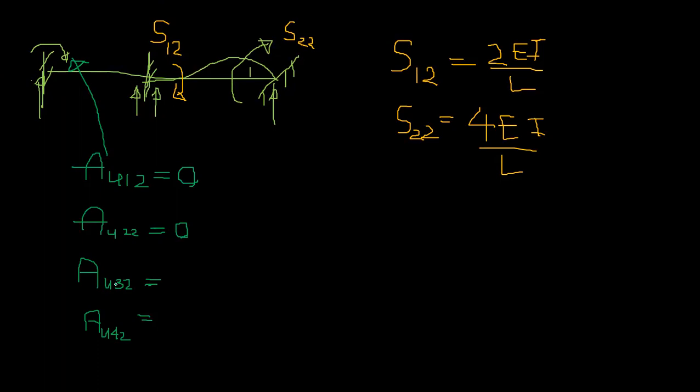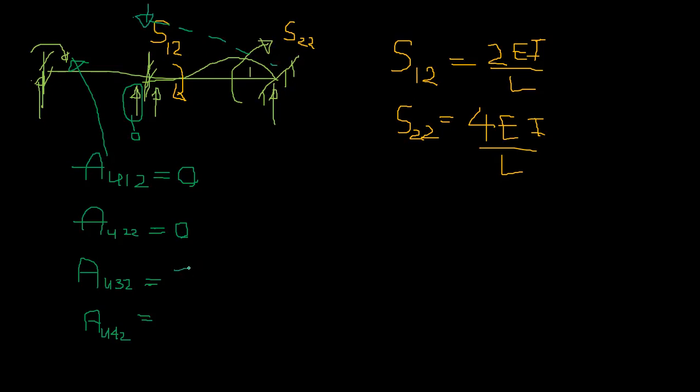And AU32, right? If you apply a theta like this, for 32, this part is 0 because there is no effect from this one. But here you have something. Consider how this part is going to rotate the entire beam in this way. It should bring it back to the original location.